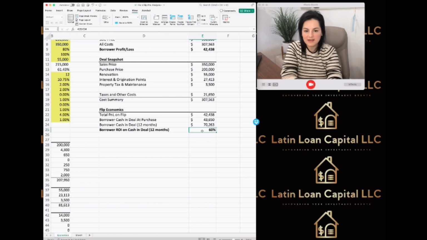Now, one thing that I always do: I never like to take on deals that have a return on investment of less than 30%, unless the plan to exit is to refinance and rent. If that works and the rent brings in a good cash flow, then yes.